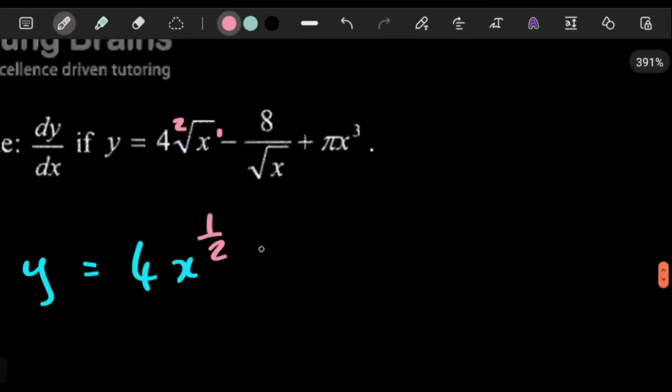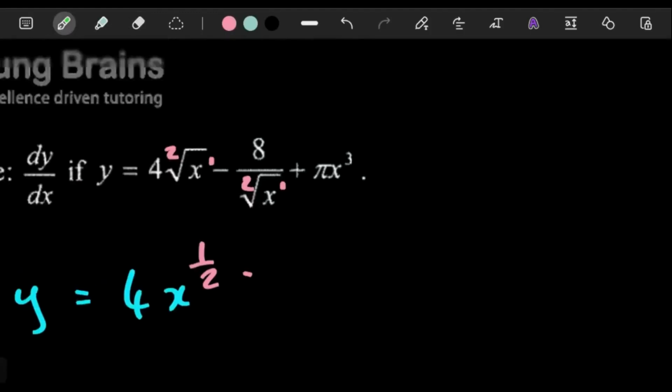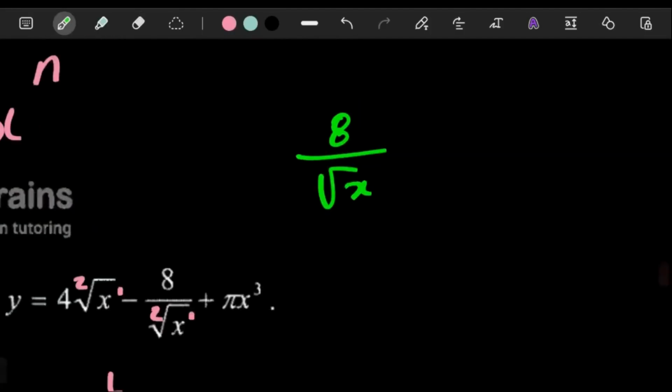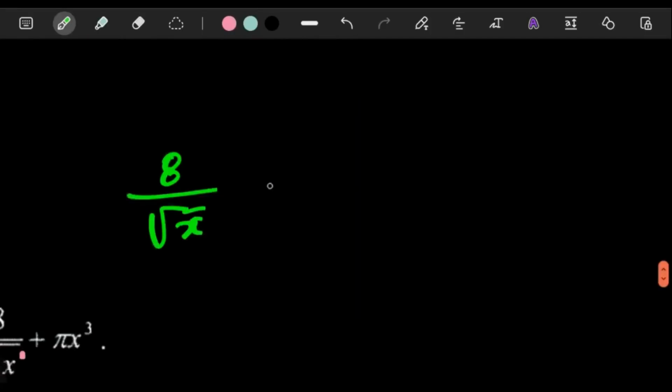So here, what you know is this is a 2 with a 1 here. For the sake of explaining, let's write it on its own here: 8 with square root of x. The square root of x is just the same as x to the power of a half, because if there's nothing written, there's a 2 there, there's a 1 there. The 2 goes under the 1 if you want to write it like a base and an exponent.